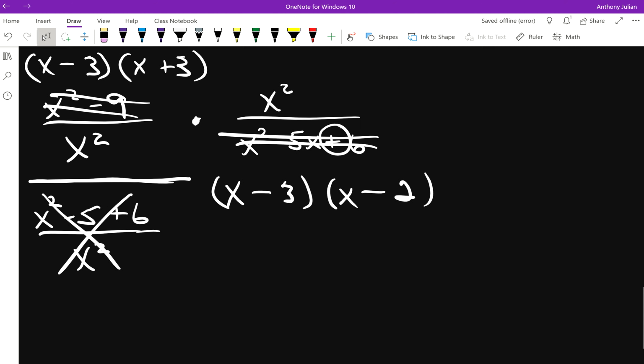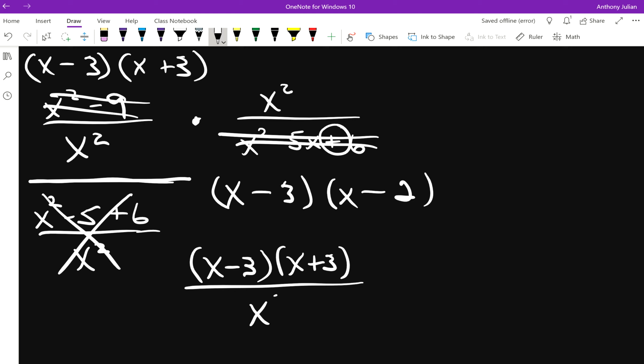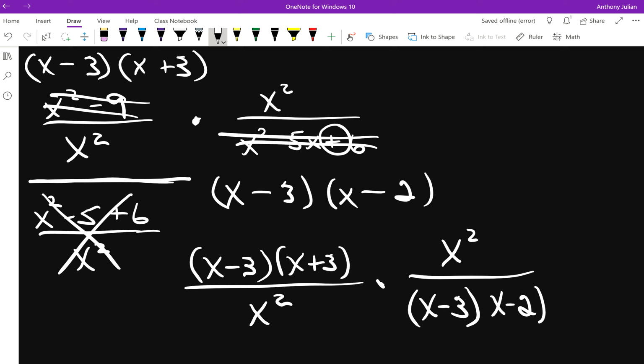So really what I've got here is x minus 3 times x plus 3 over x squared, times x squared over here, over x minus 3 times x minus 2. This is where we're at when we rewrite all that mess.